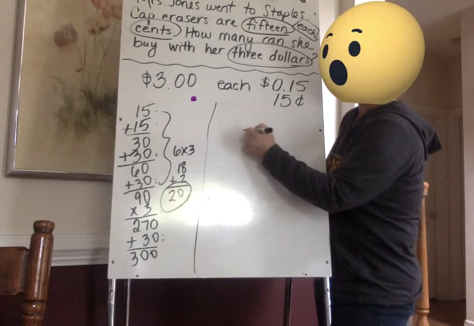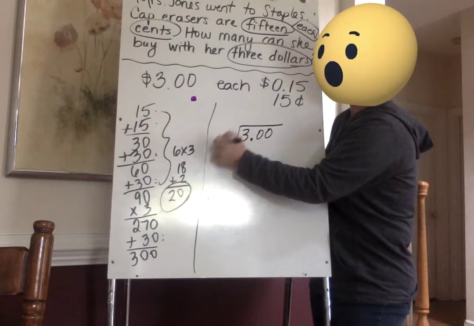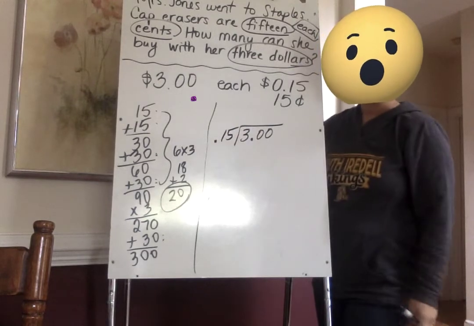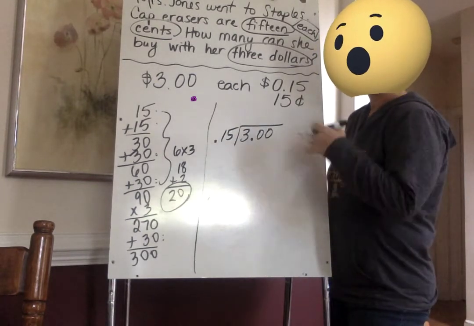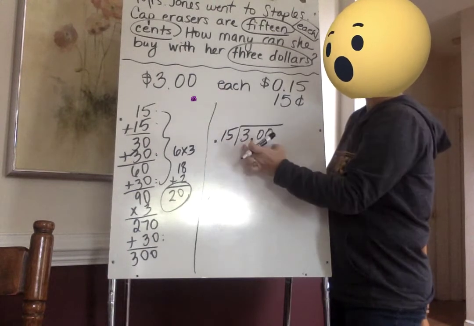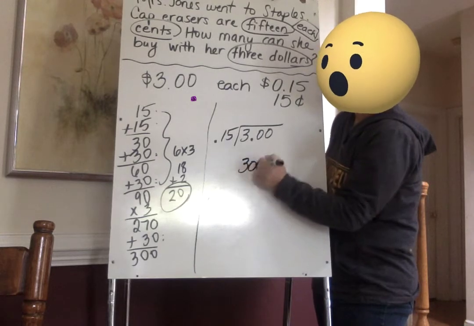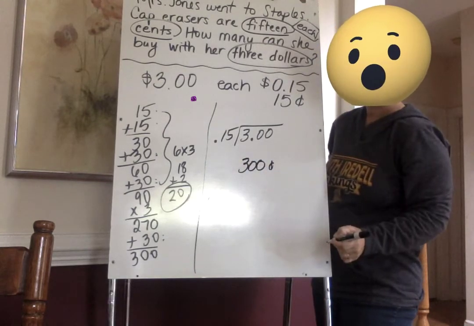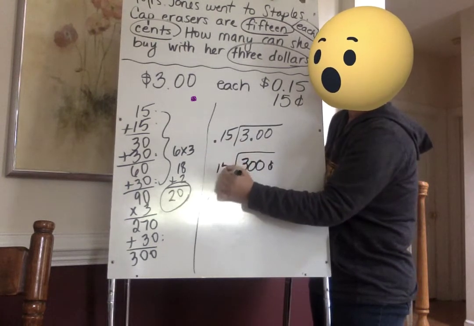Well, what about if I took my $3 and I divided it by 15 cents? I don't know how many 15 hundredths are going to go into $3. Well, again, I'm going to transfer it into cents instead of dollars. So instead of $3, let's say that's 300 cents. Let's divide that by 15 cents.